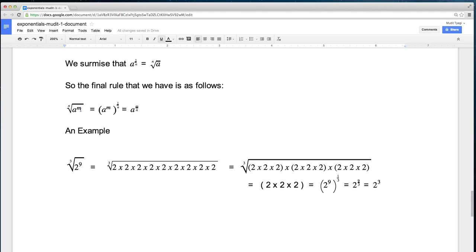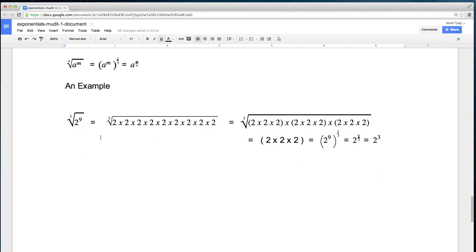Whatever's under the root, that whole thing is raised to the power of 1 over n. And that is simply applying one of our previous rules. The exponents just multiply, and we get a to the power of m over n. So let's take a look at an example.